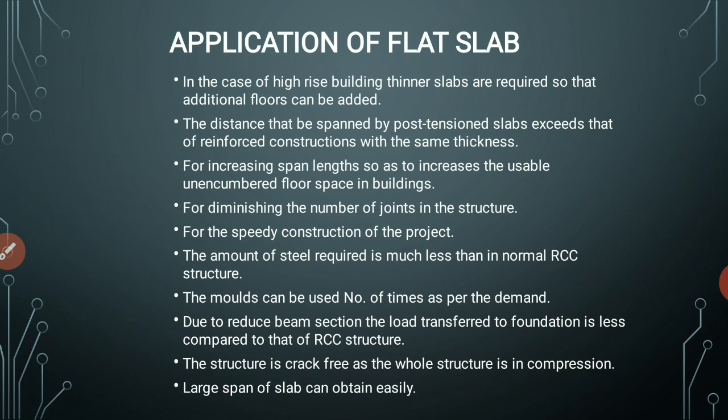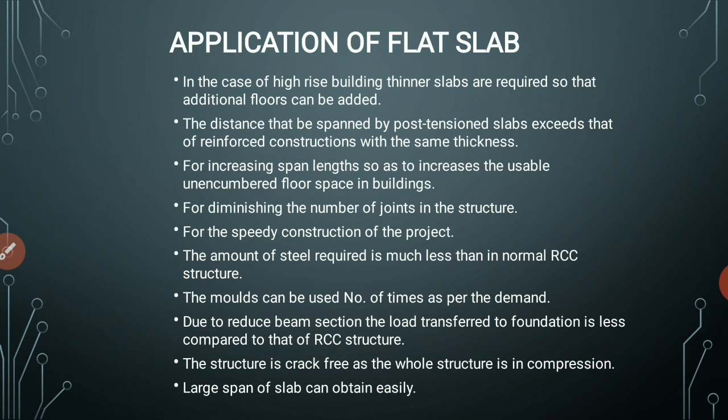For diminishing the number of joints in the structure. Okay, for speedy construction of the project. Speedy construction means we are directly eliminating the beams. That's why the reinforcement placing of the beam, then concreting of the beams, that part will save time.